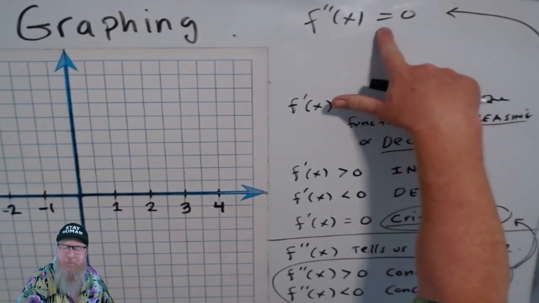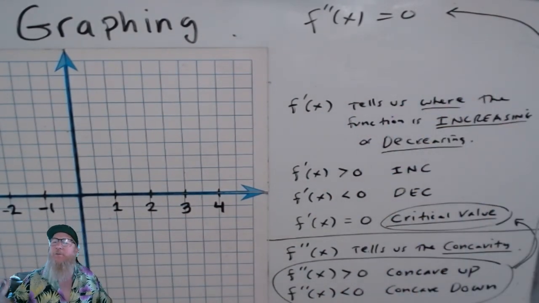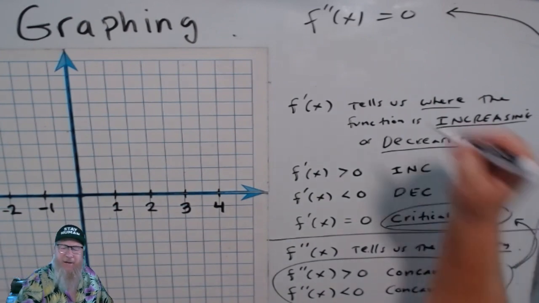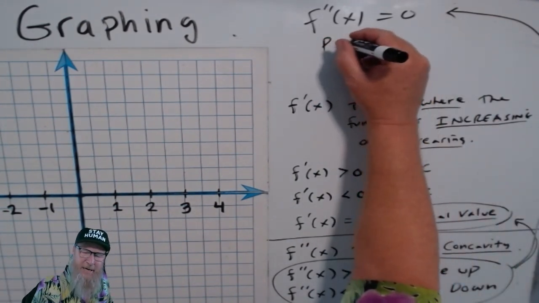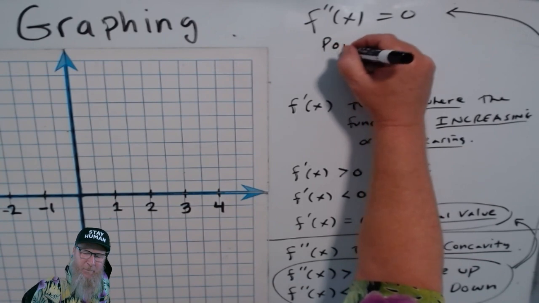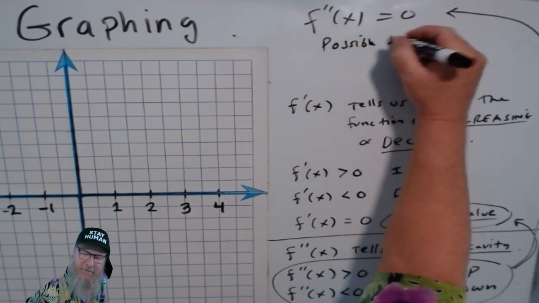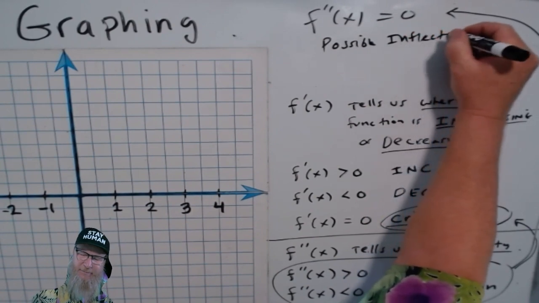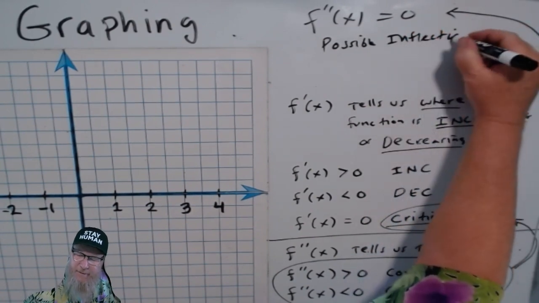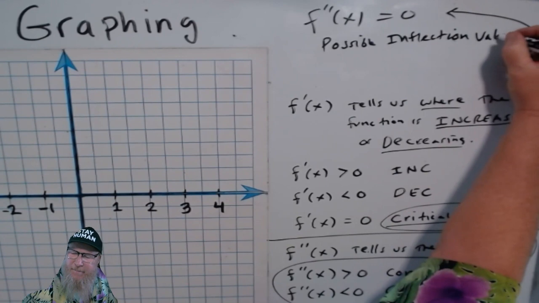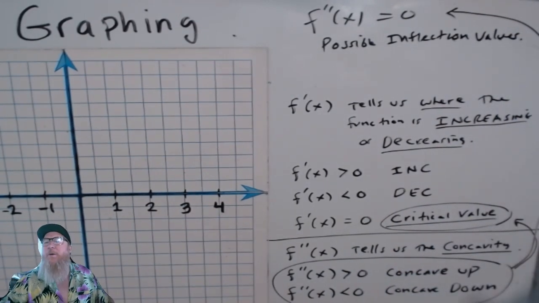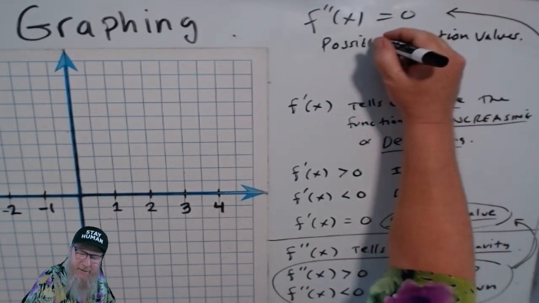Anytime that a derivative or a second derivative is equal to 0, it is a type of critical value. But what I called them was PIVs, or possible inflection values. All right, and then we would need more information.